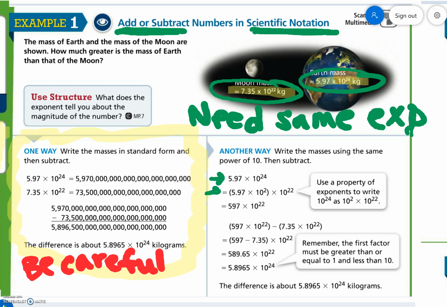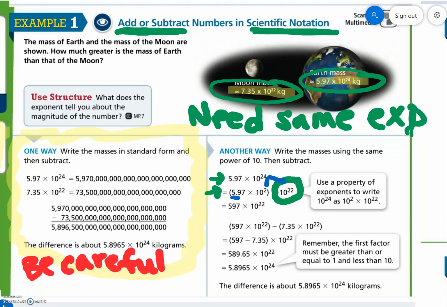Well, we know we really want it to be 5.97 times 10 to the 22nd. So that 10 to the 22nd is going to go on the outside. Let me do this so it's a little clearer. 10 to the 22nd, the one we want, is going to go on the outside. But to get to the full 24, we break it up between 22 and 2. So remember, that's adding.